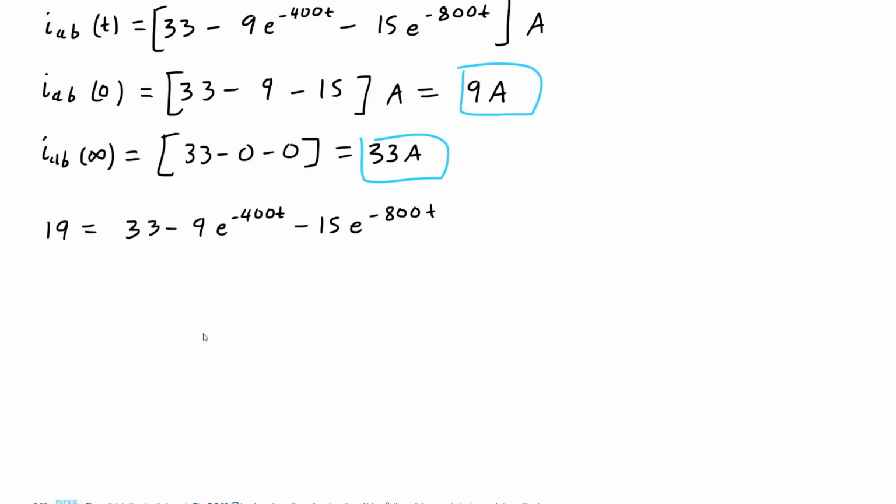So if we take the 33 minus 19, that's going to be 14, and then 9 e to the minus 400.